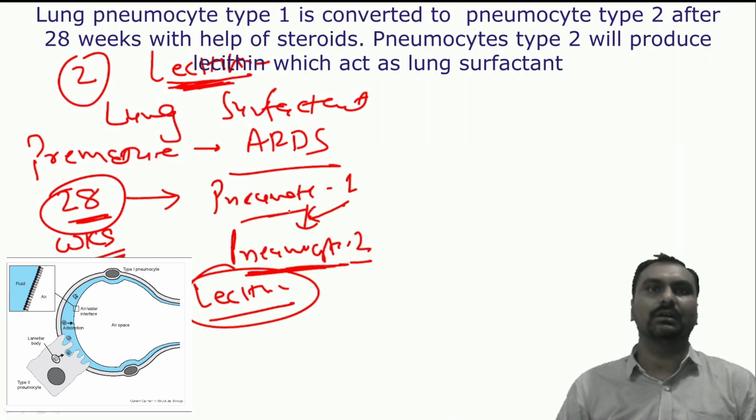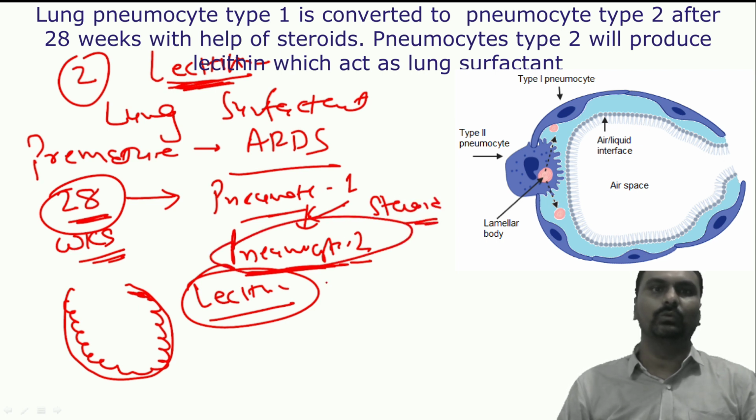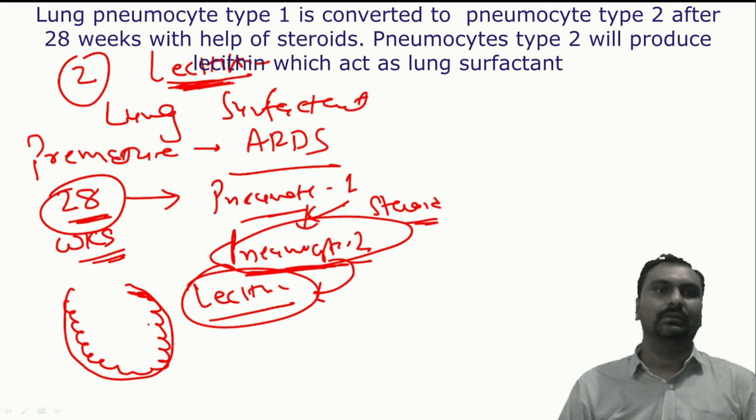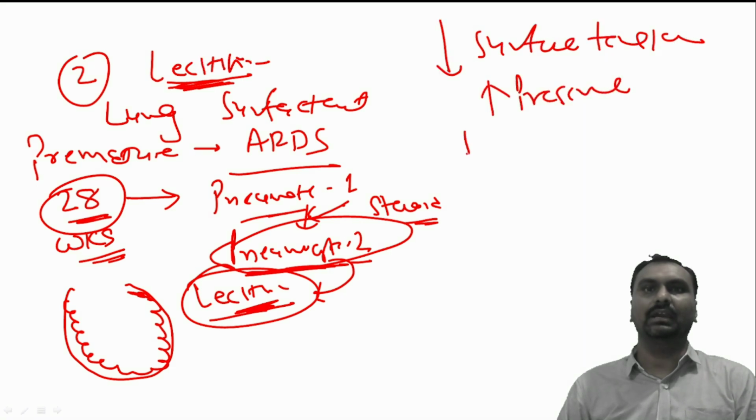Here, in the conversion of pneumocyte 1 to pneumocyte 2, steroids play a very important role. Once it is pneumocyte 2, it will produce lecithin. So the pneumocytes in the alveoli will produce lecithin, and it will decrease the surface tension inside the lung.